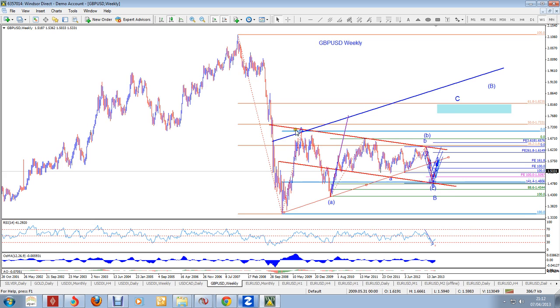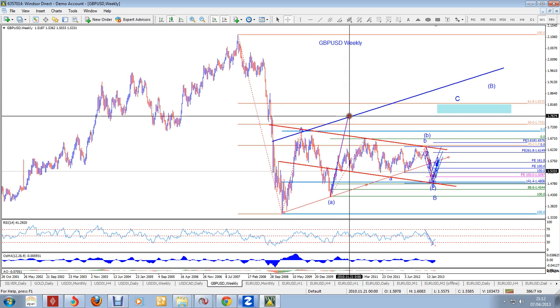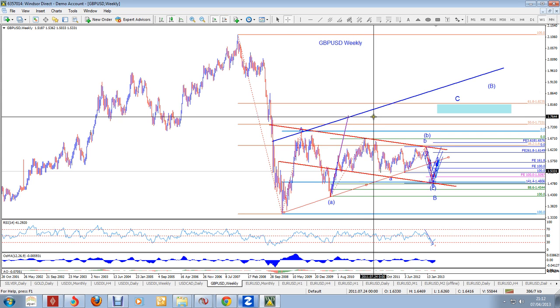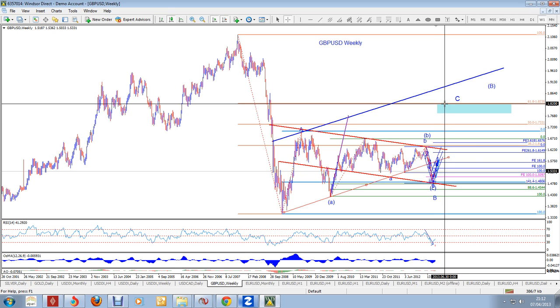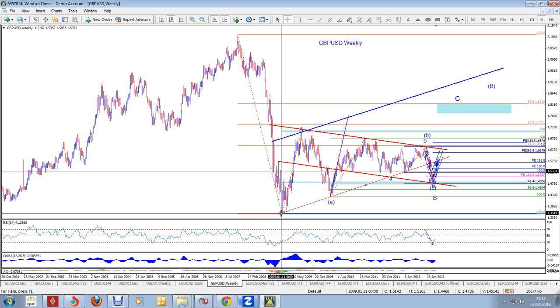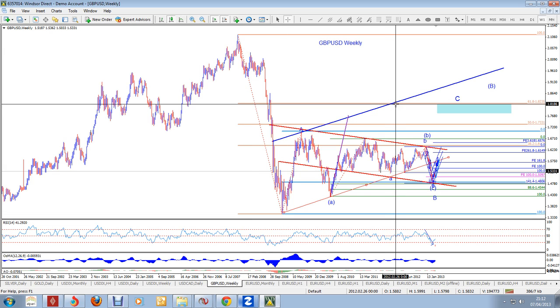If this was wave A and we do AB equals CD, then I'm expecting pound dollar eventually to come to somewhere about 175, 176, maybe even higher, i.e. the 61.8% retracement of that, which will come to about 182 area, but definitely around 175, if my analysis is to hold.